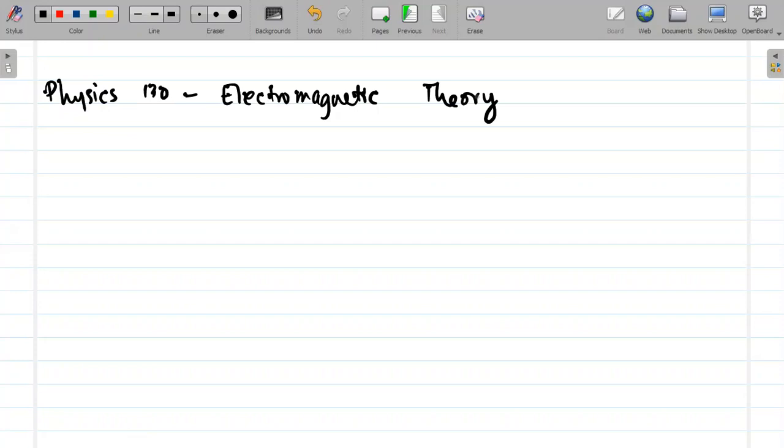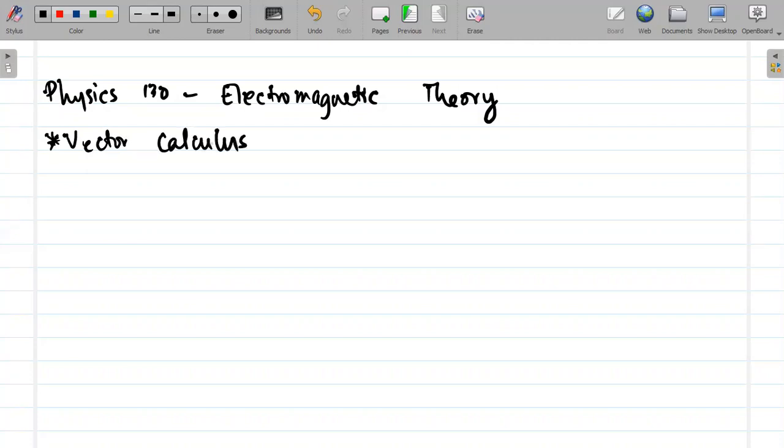So, hindi naman kailangan yung super galing nyo talaga. Yung core concepts lang dapat matutunan nyo. So, yun yung gagawin natin. So, saan ba tayo mag-umpisa? We'll start with vector calculus.